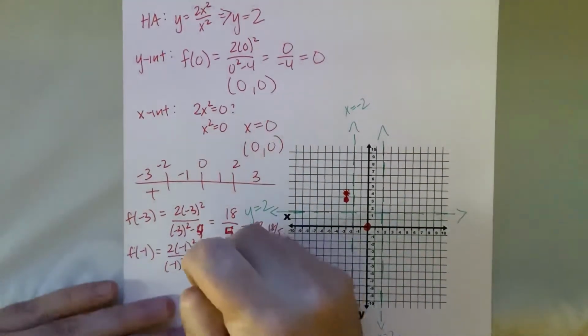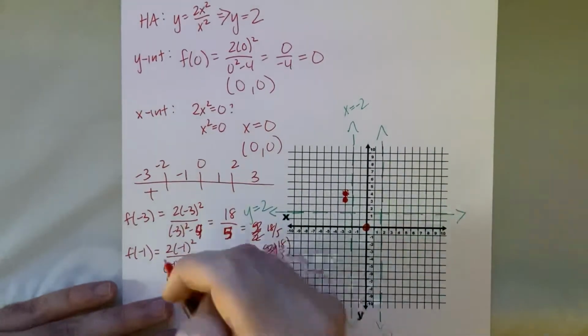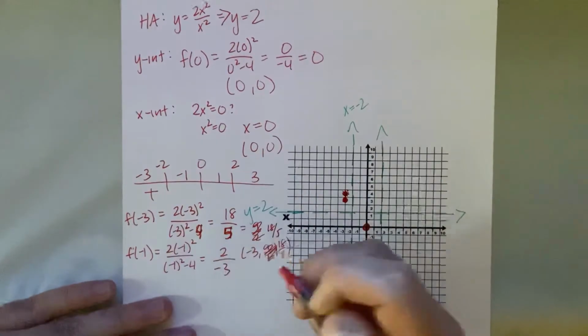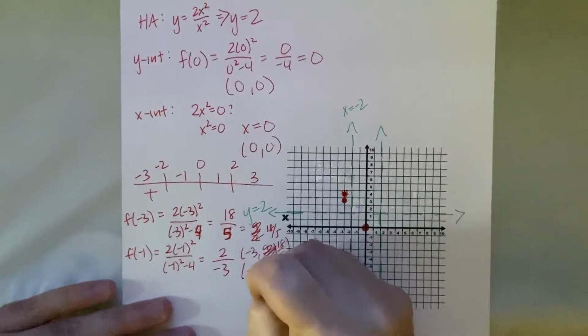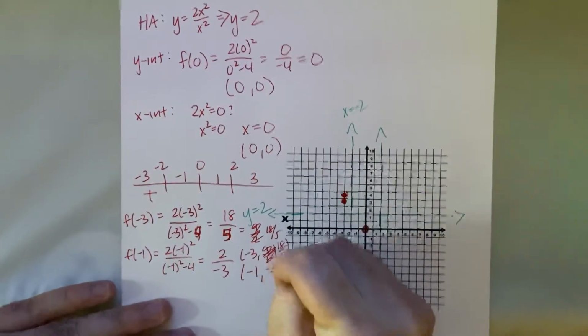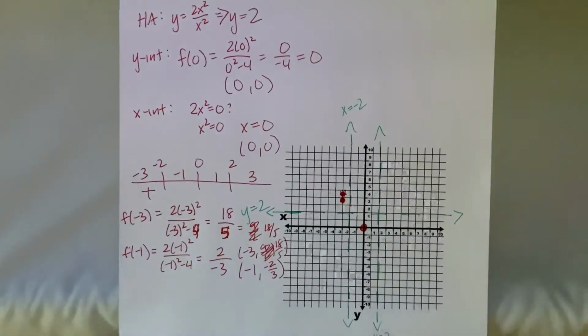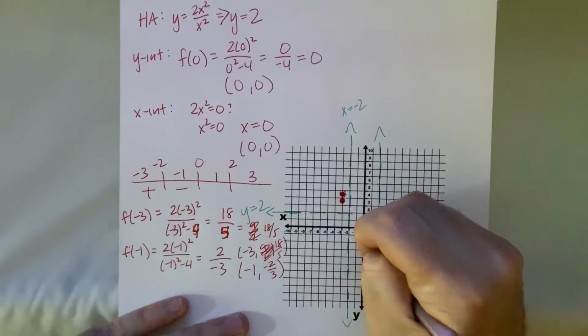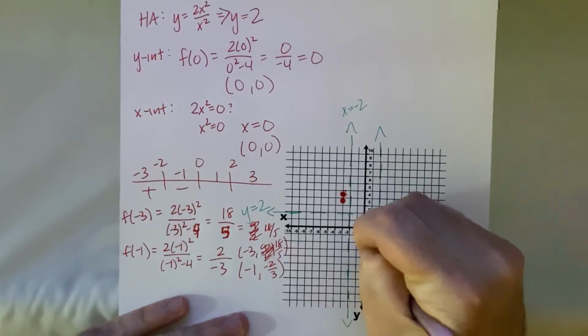So this is now f of -1 is 2 over 1 minus 4, which is -3. So we have the point -1, -2/3. Okay, so -1, -2/3 is a negative number. It's about here.